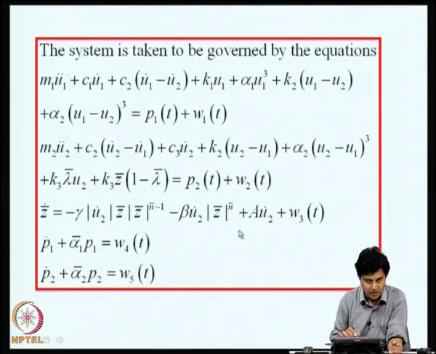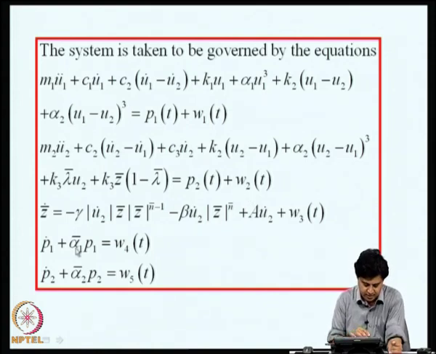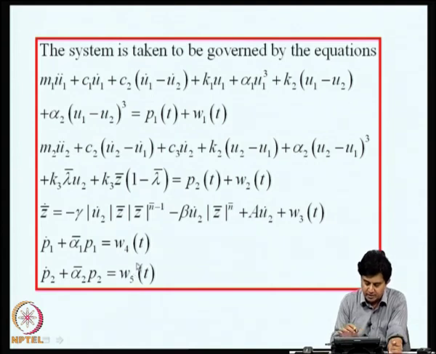This is the Bouc model for hysteretic hereditary nonlinearity. So, P1 and P2 here are taken to be filtered white noise processes, and we are also adding certain white noises W1, W2, W3 to these 3 equations. These 3 processes can be viewed as modeling errors in developing these governing equations.